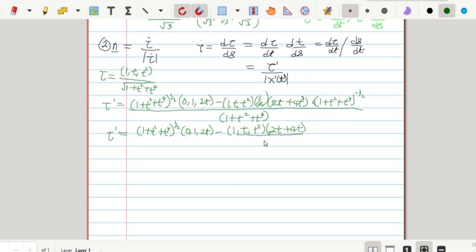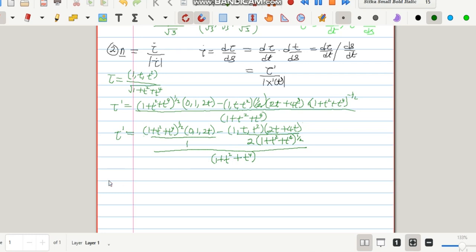Yeah, so this is all divided by 2 into 1 plus t squared plus t raised to the power of 4, raised to the power of 1 over 2. So this is what we have, and everything is still divided by 1 plus t squared plus t raised to the power of 4.